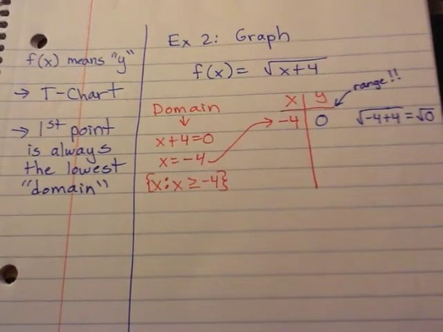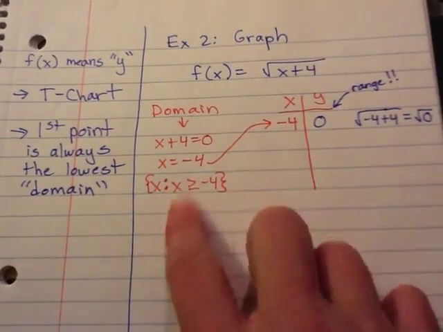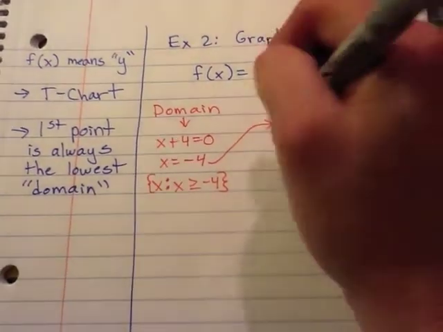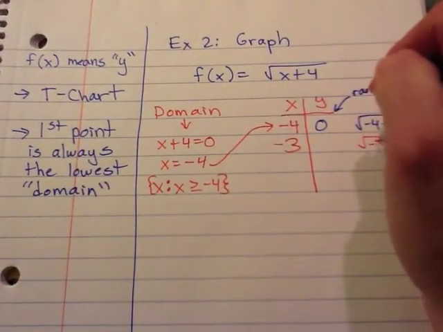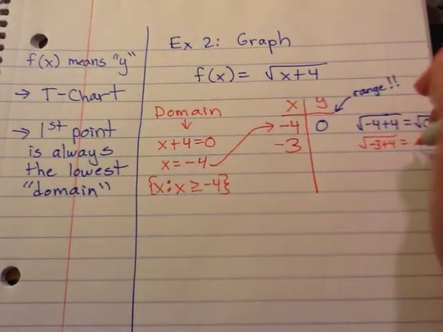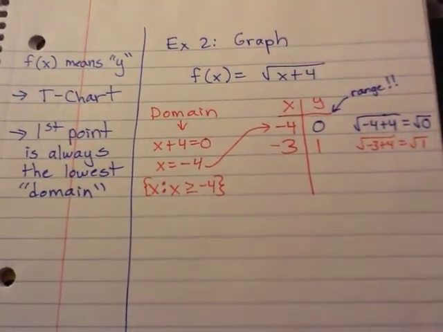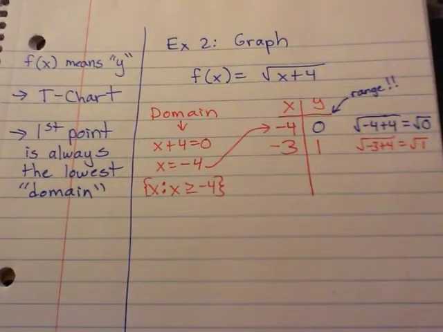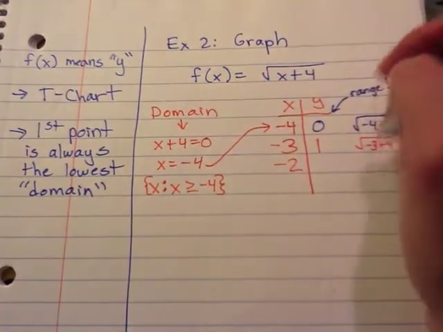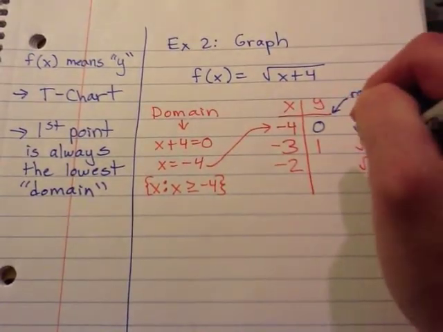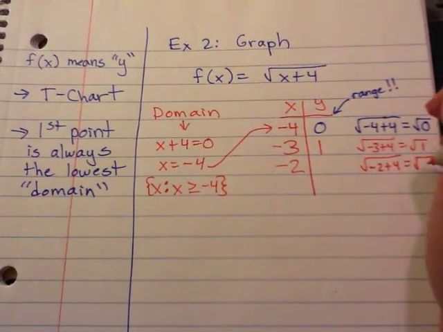So now I just get to pick anything I want, but it needs to be greater than or equal to negative 4. It can't be less than negative 4. I can pick negative 3. So square root of negative 3 plus 4 is square root of 1, and the square root of 1 is 1. I can pick negative 2, but watch what happens. I have negative 2 plus 4, which is the square root of 2.